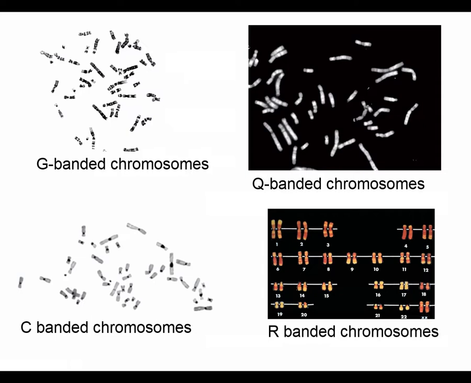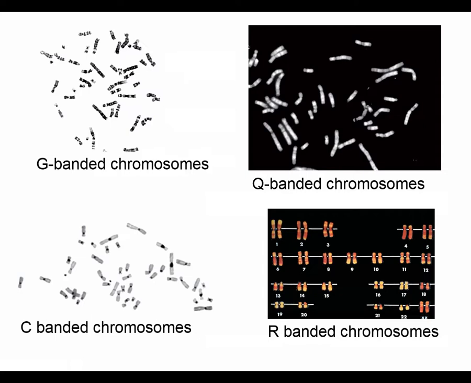And you can see the centromeres to some extent. Q-banding chromosomes uses a different stain that's going to stick to different types of structures on the chromosome. C-banding chromosomes means you stain the centromeres. So that's especially useful if you just want to count how many chromosomes are in each cell. And there's something called R-banding.